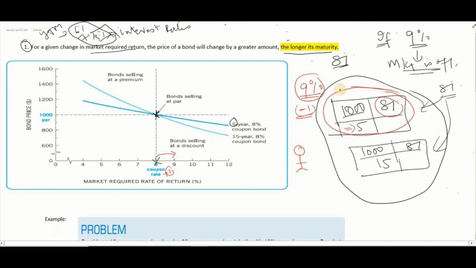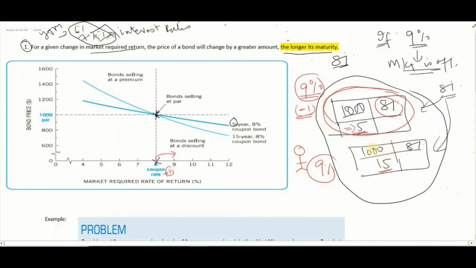I would be willing to pay less for this bond. For 5 years, and in this case, if it is the 9% rate here and it is offering 8%, so if it continues, it will continue for 15 years and it will continue for 5 years, right? So which one would you keep?